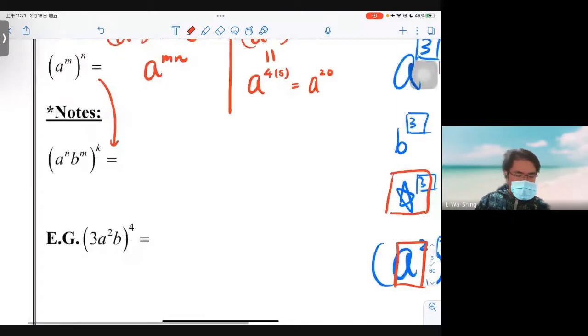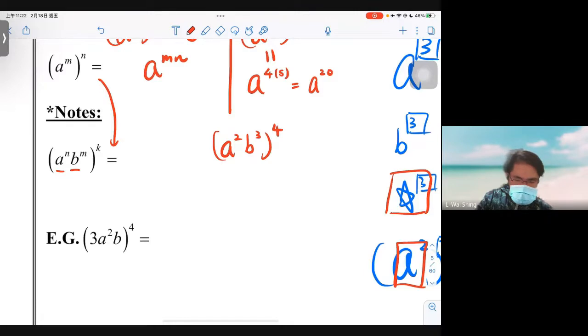So a note here. Apart from (a^m)^n equals a^(mn), if we have a and b inside, for example (a^2 b^3)^4, it equals a^(2×4), and also b^3 can multiply the 4 inside.